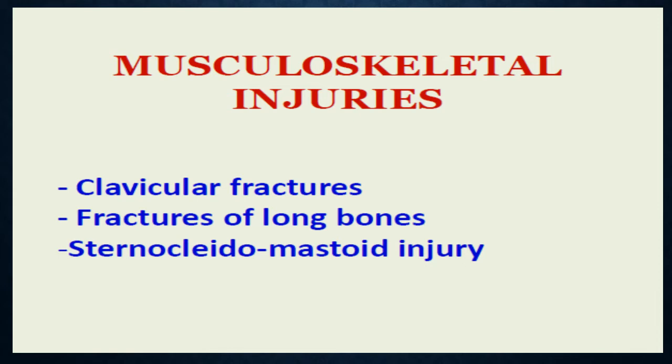Let's speak also about musculoskeletal injuries like clavicular fractures, which are very mild and can resolve spontaneously without any intervention. Fractures of long bones are more frequent, even with normal delivery or even in cesarean section, especially in breech extraction. Also, sternocleidomastoid injury, torticollis.